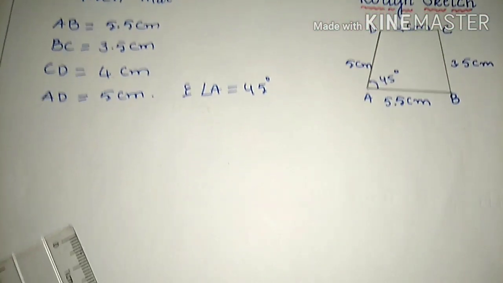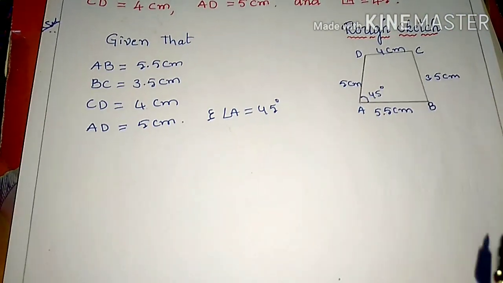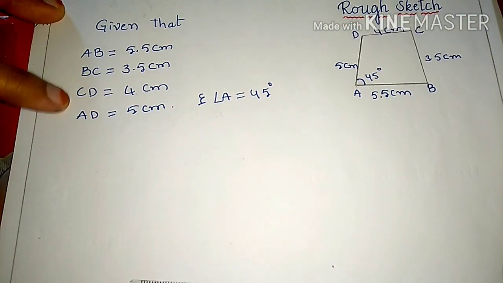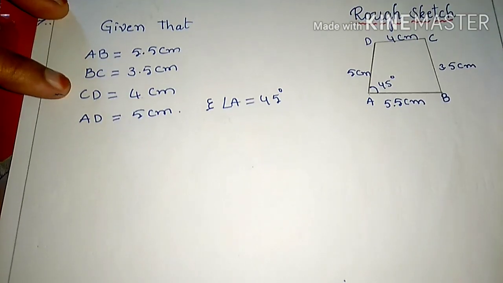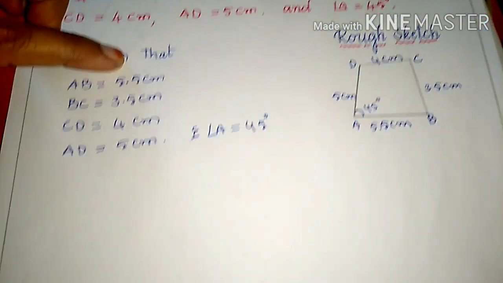Okay children, let us start the main diagram. It is a base. Observe that in the measurements, the highest side is AB equal to 5.5 centimeters.